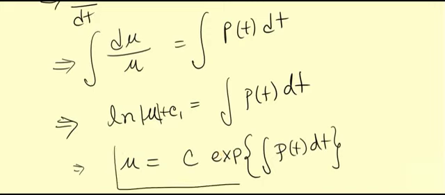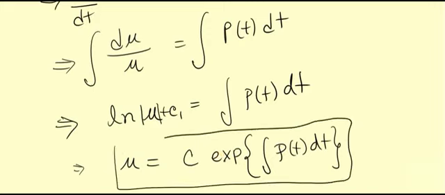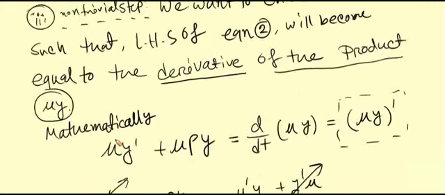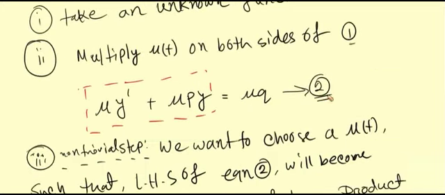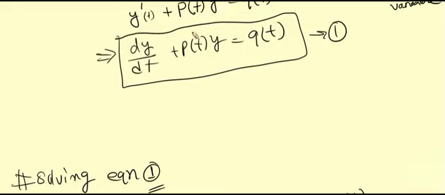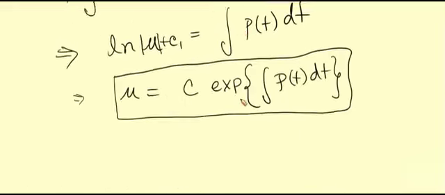Using this, we can find the solutions for the linear equation, that is equation 1 over here, and we'll see how we can do that. So we are done finding mu.